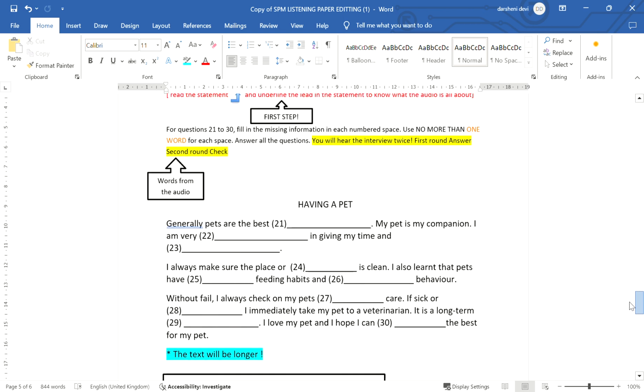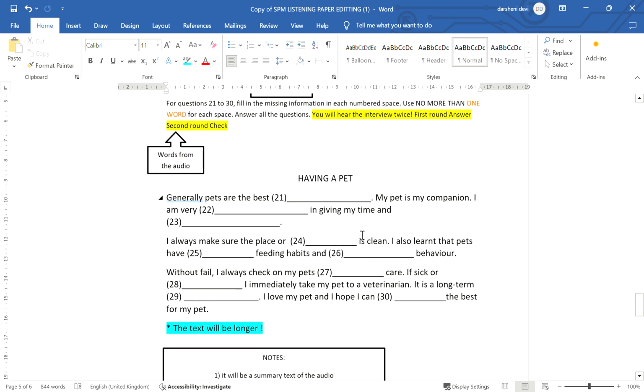So now let's try and see. This is a sample text. The text will be longer. So generally pets are the best. The word before is best, you underline it. You just underline while you're answering. You underline best, and then you look at the word after. So generally pets are the best. Maybe you might hear this keyword in the audio, and then you can find out the missing word after it.